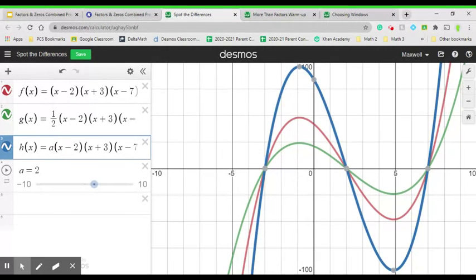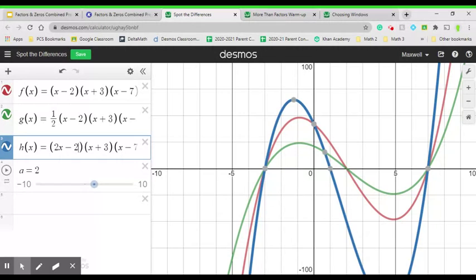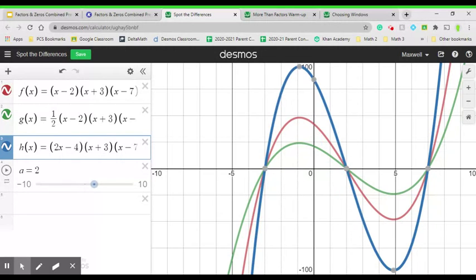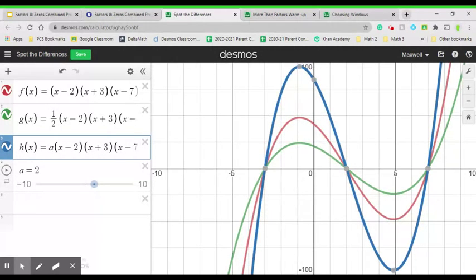So if I made this into just a 2 right here, I could get rid of that 2 and multiply it into the first part here, and it's the same thing. And we can change it back to being the a value, and you see how it ended up as what we just looked at.